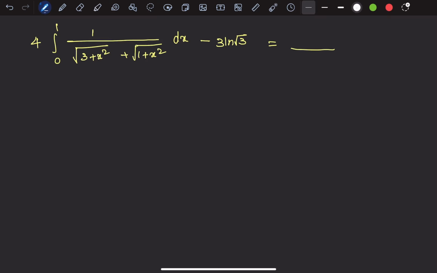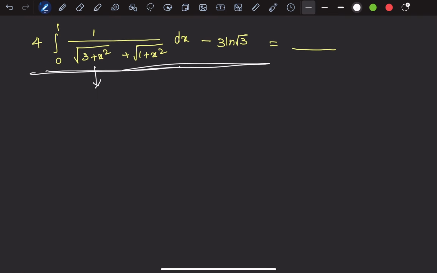So let us proceed to the next question. Here you have a definite integral that you have to evaluate and find out the value of this whole expression. So let us consider this integral first. Alright, since we have square roots in the denominator, let us rationalize this. So let us multiply and divide with square root of 3 plus x square minus square root of 1 plus x square.